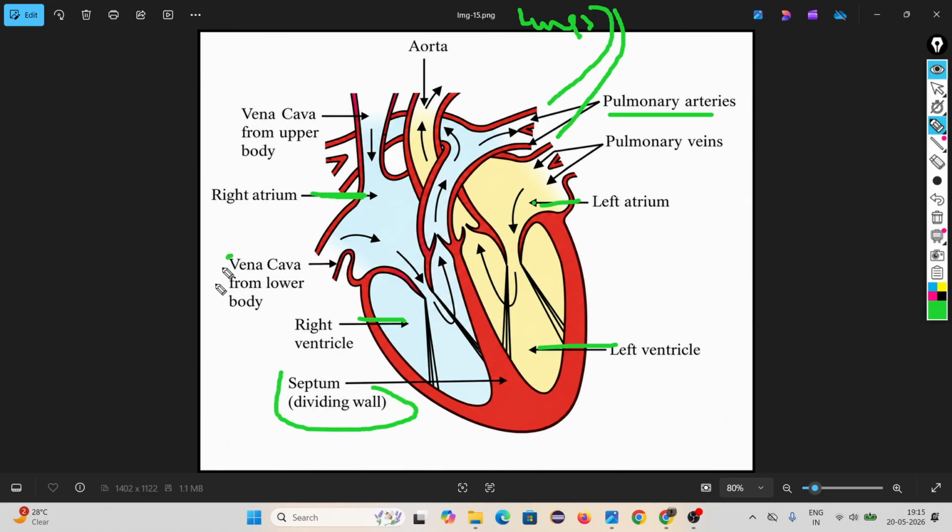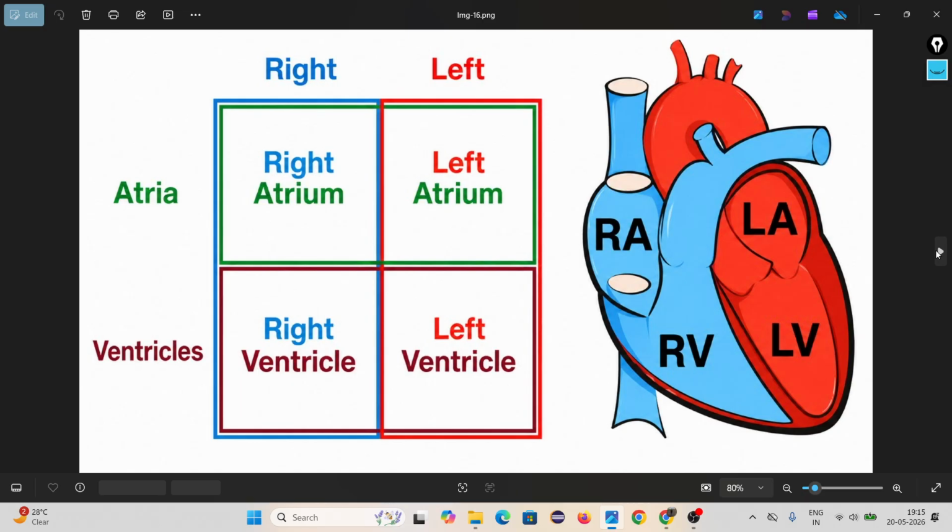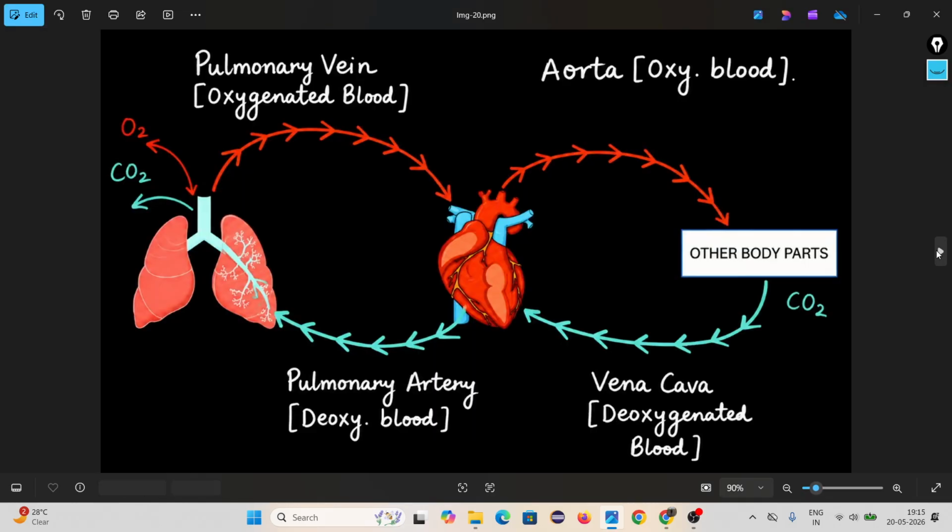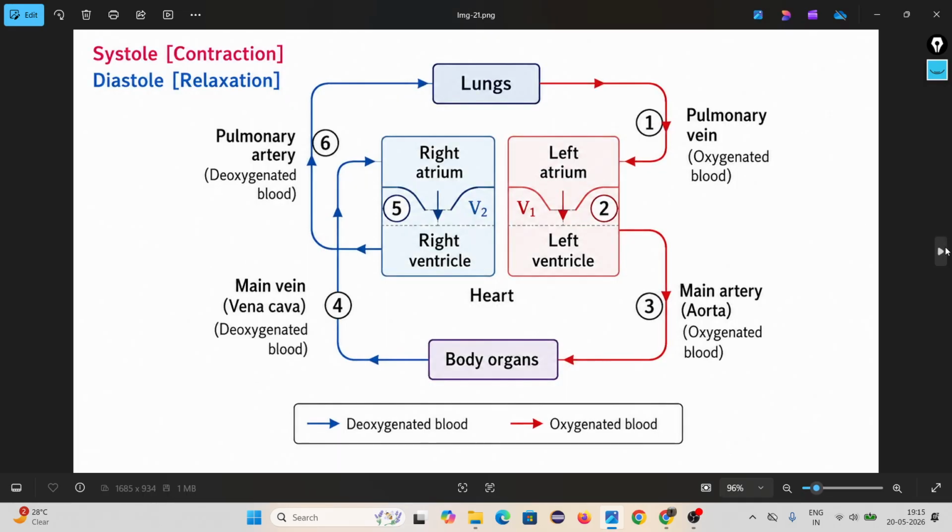Vena cava means the larger vein in human beings. Now you understand everything? Contraction means shrinking. Relaxation means filling up. Contraction, relaxation.